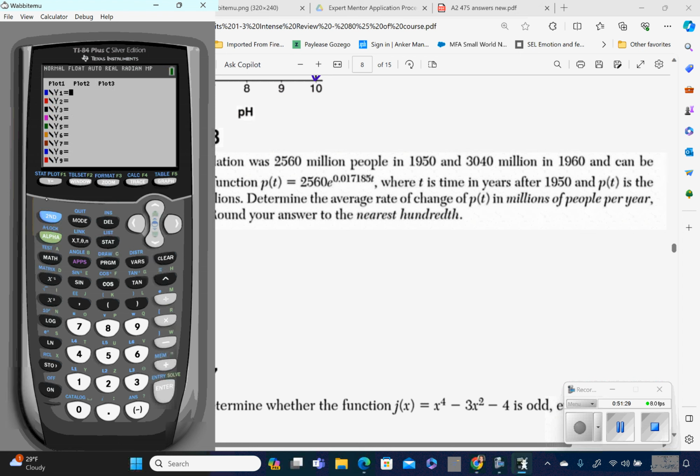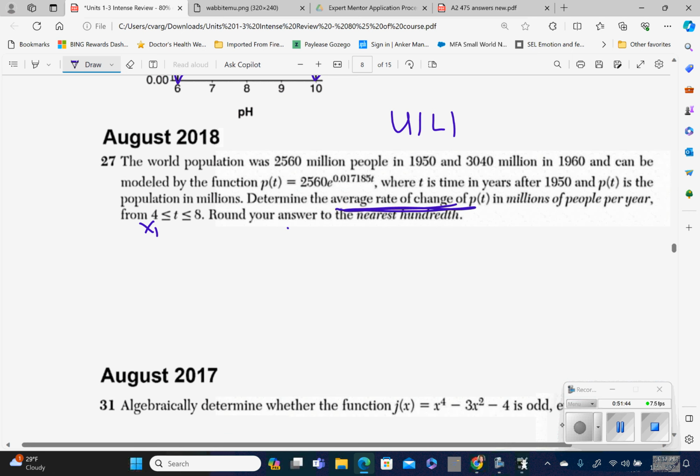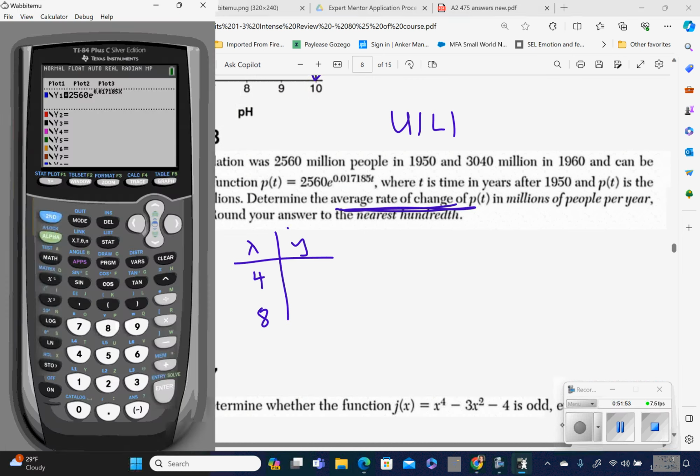Since it says average rate of change, right? Unit 1, lesson 1. We're going to take this and plug it into the calculator. Instead of the t, I put an x, and then I'm looking for, here's my x1, here's my x2. Across from 4 and 8, I need to find the numbers.